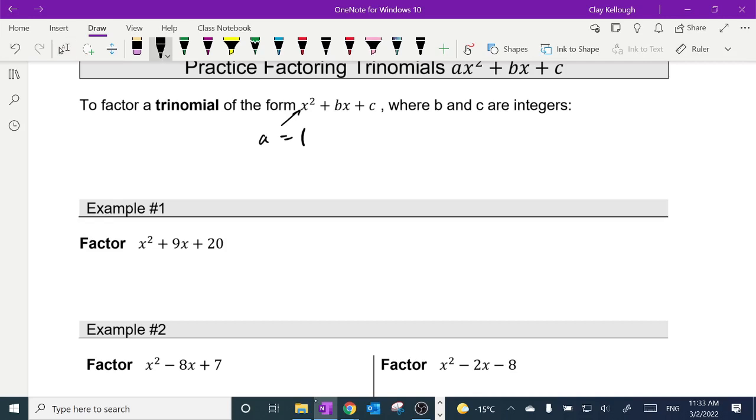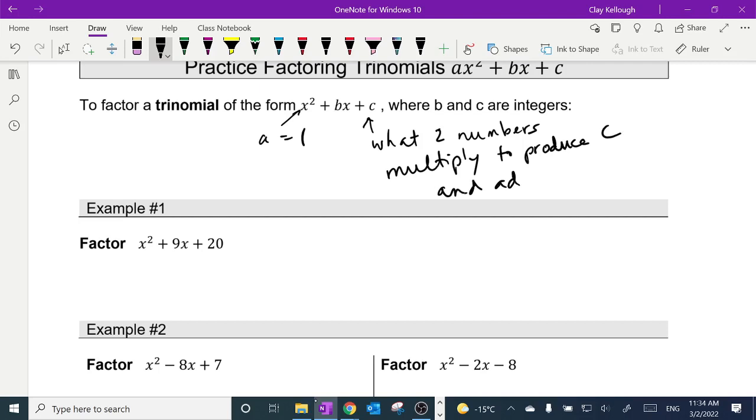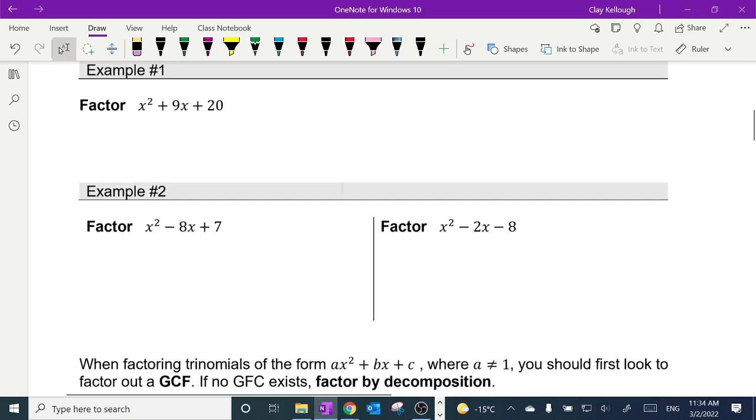Basically, what two numbers multiply to produce C and add to make B. So C and B. Let's do that for this first couple of examples.